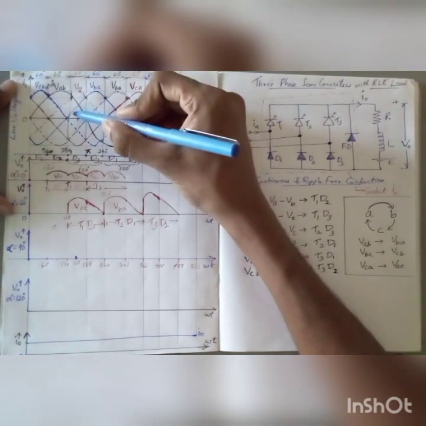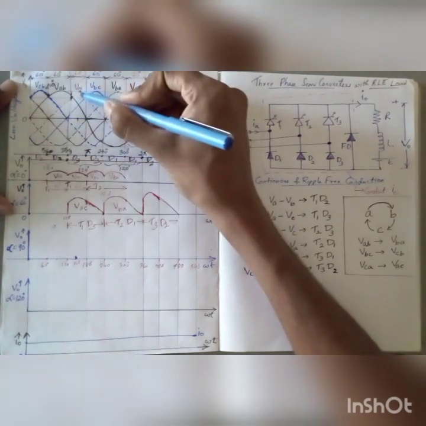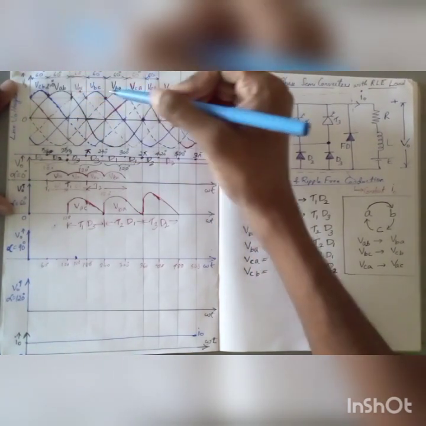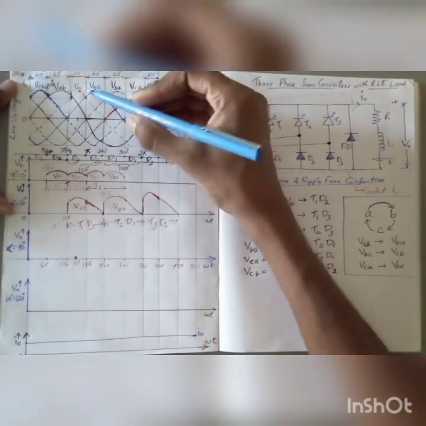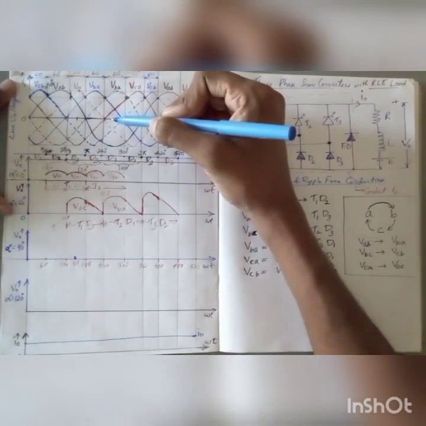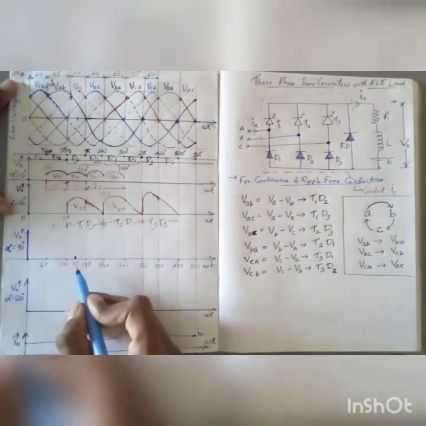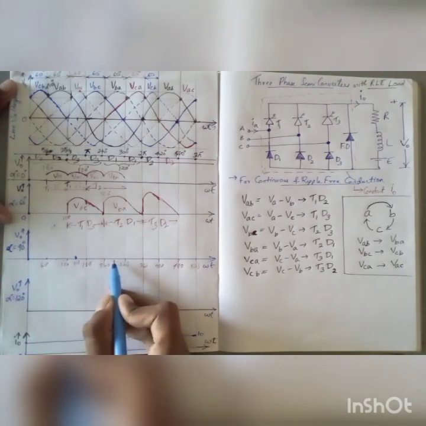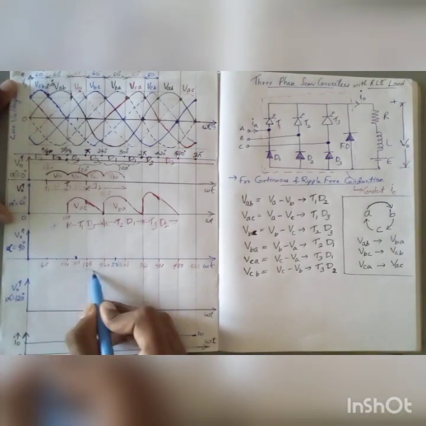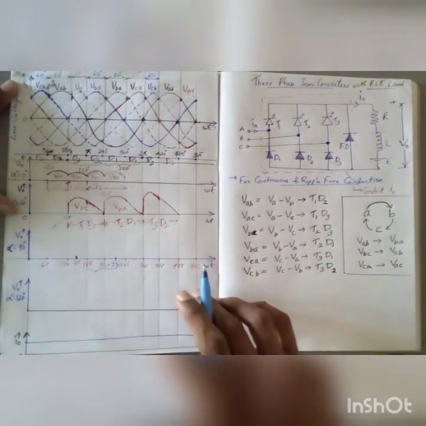From 150 degree, 150 plus 120 means 270 degree. From here you can understand that this is 150 and this is 240. Between 240 and 300 it is 270 degree. Okay, from 150 to 270 degree my T1 will be conducting.